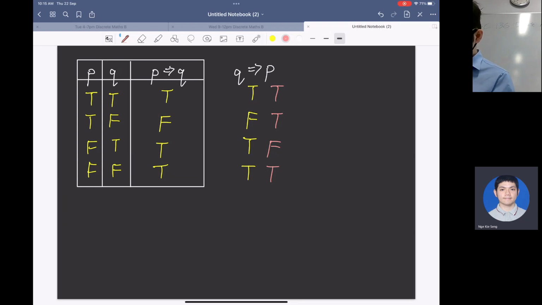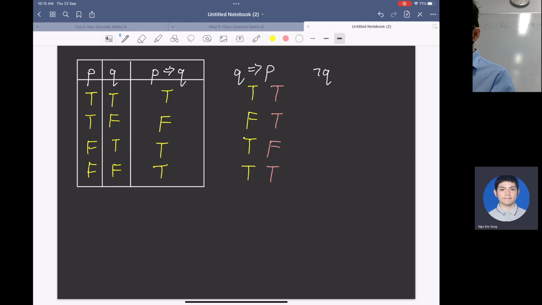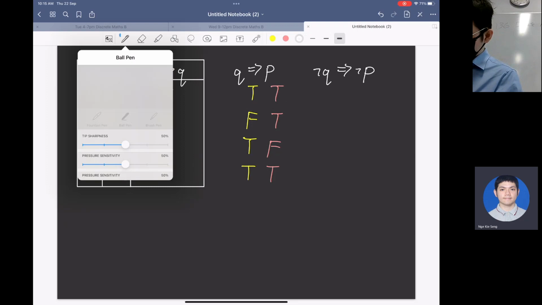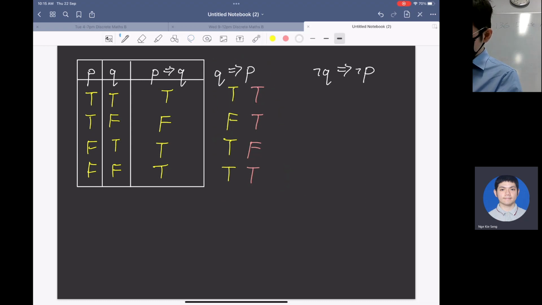So we still can do another exercise. The next one is the contrapositive. Not Q implies not P. This is the contrapositive. So I need to negate first, right? Maybe I create a new row.